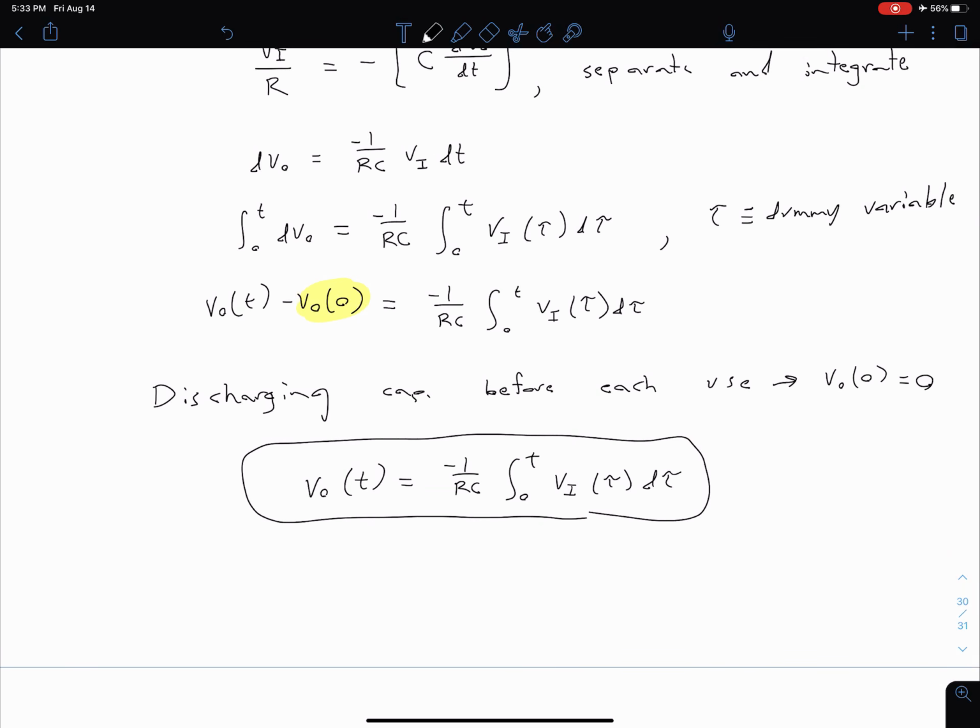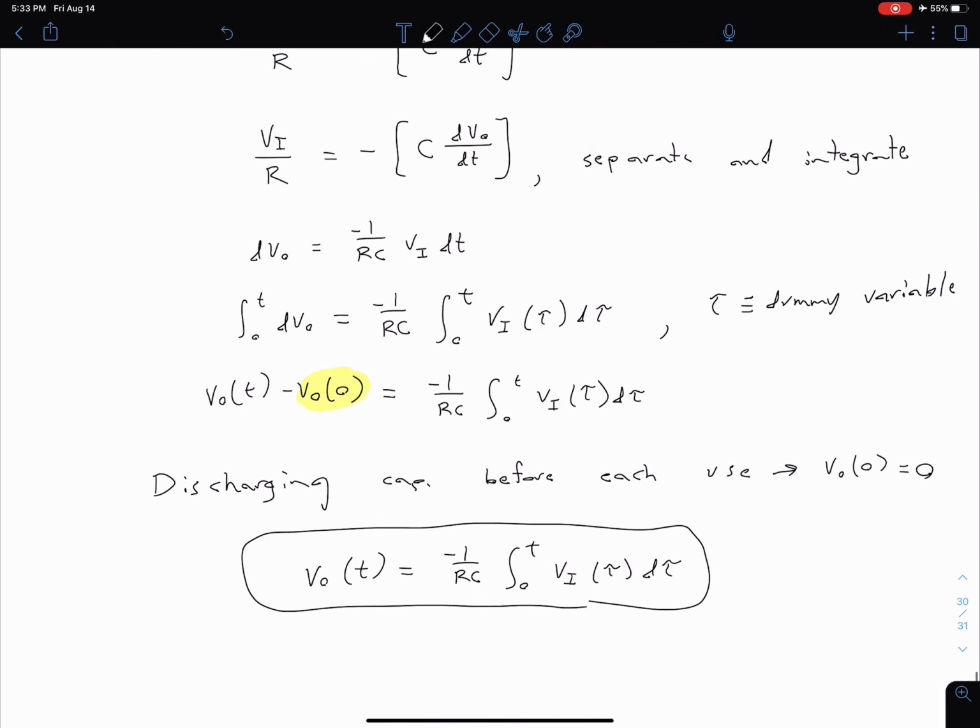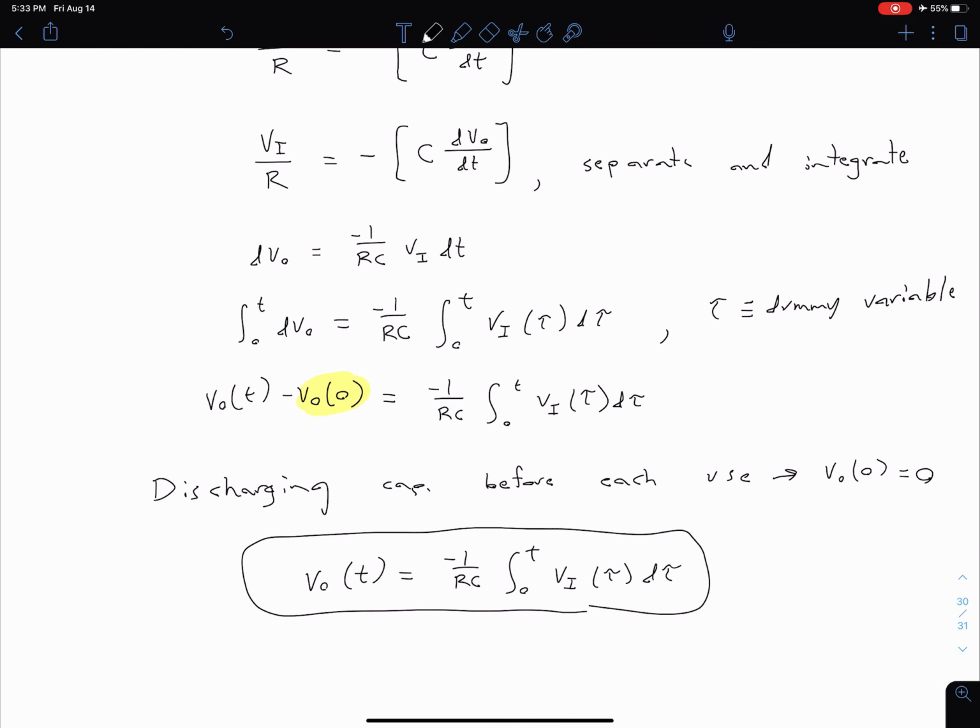There's the expression that relates our output to our input, and we can see our output is proportional to the integral of the input. As promised, now everything has gotten a lot more fun, and we've introduced calculus. Like we said way back when we were introducing op amps, our op amps are capable of doing all of these operations, addition, subtraction, multiplication, all of this stuff. Here we've seen a more complicated example with our integration.